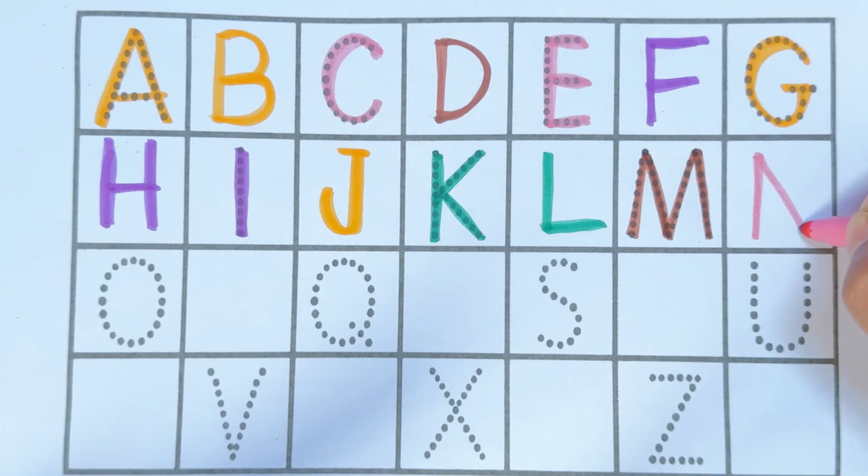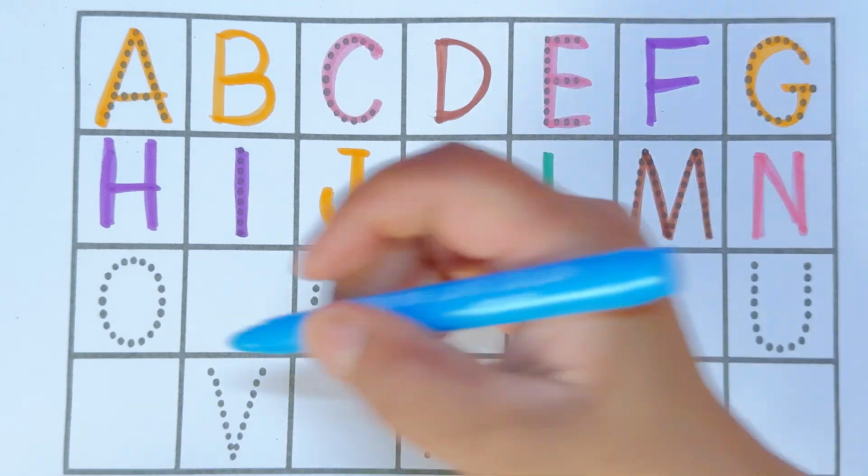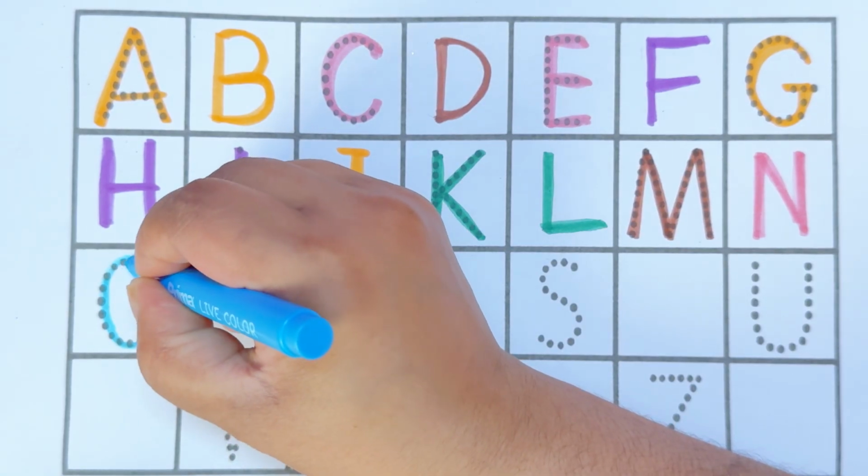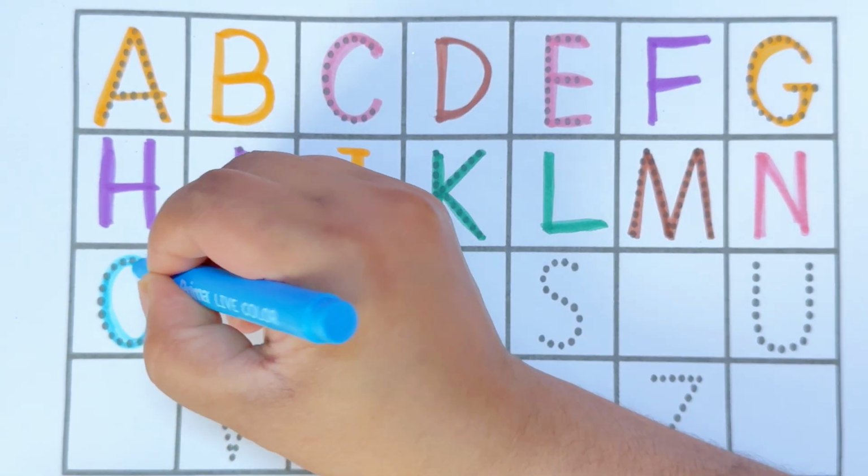N for news, N for nails. O for octopus, O for orange.